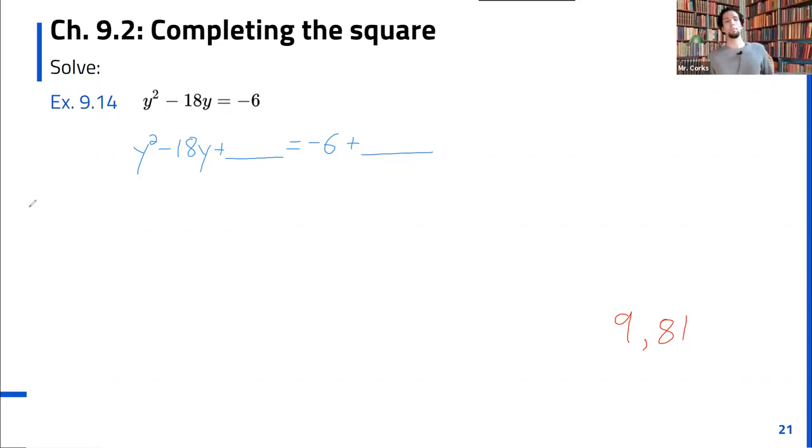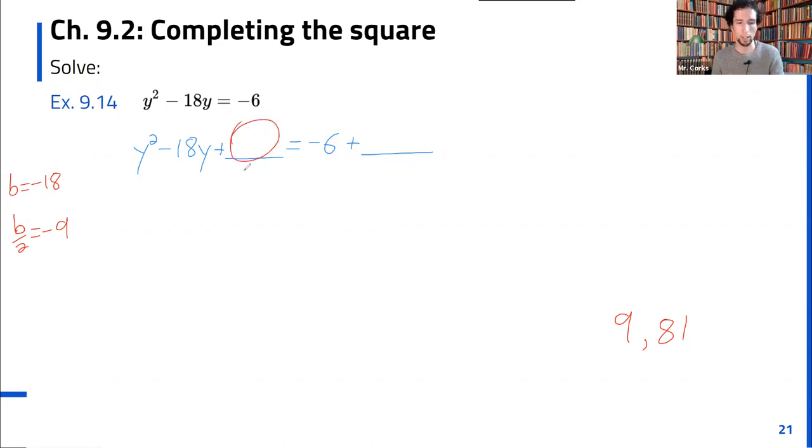M is 9. Okay, so tell me how we are getting there. Divided by 2. Okay, so if our b value is -18, b over 2 is equal to -9. So then what should our c value be?